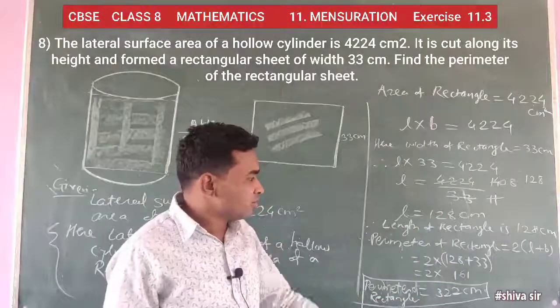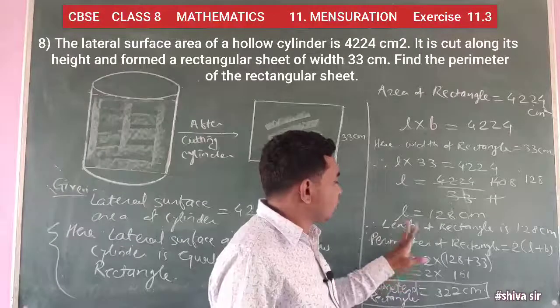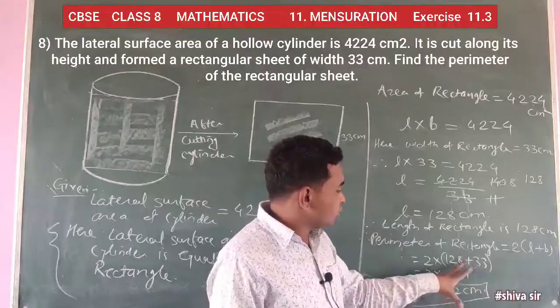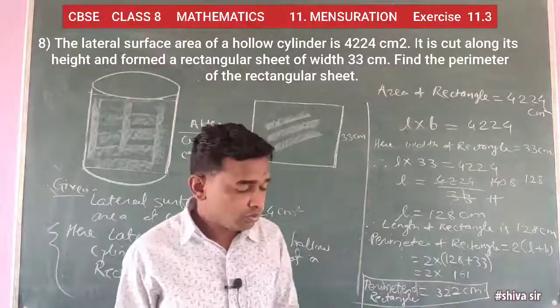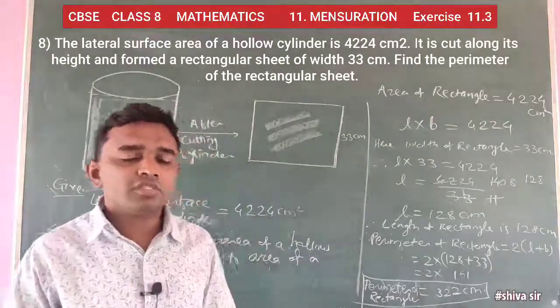After putting the value, we get L is equal to 128 centimeter, and finally the perimeter of a rectangle is 2 into bracket L plus B. So 2 into 128 plus 33, we get 161 into 2, 322. So therefore perimeter of a rectangle is equal to 322 centimeter.